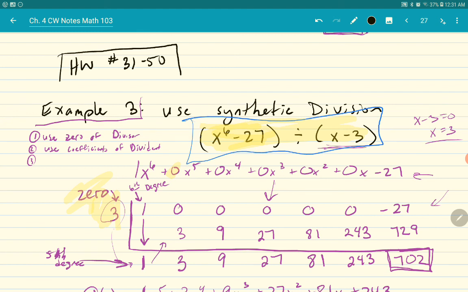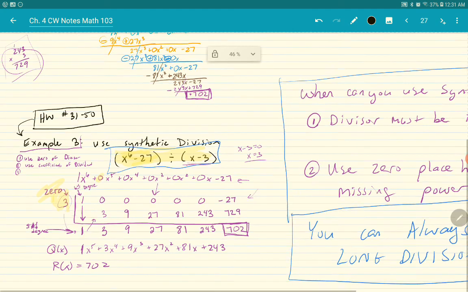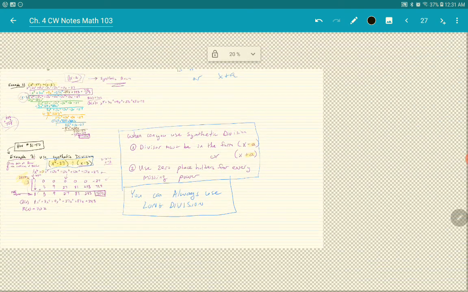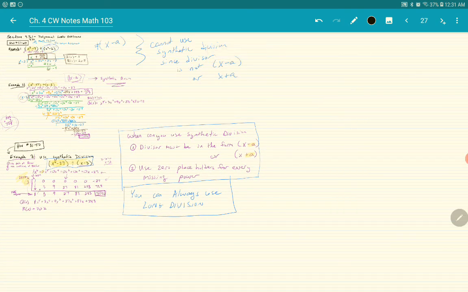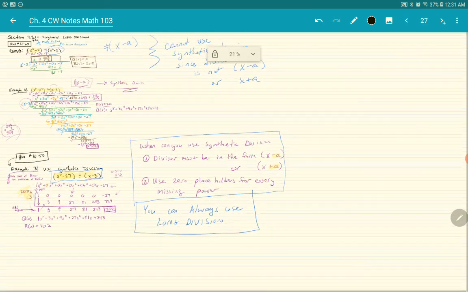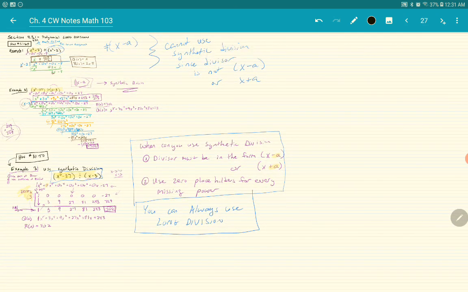So example 3 is good for 31 through 50. And then for 51 through 60, you can decide if you want to use synthetic or long division. And you'll have to decide if it qualifies for synthetic if you want to use synthetic. And if it doesn't, you'll have to use long division. All right, so that wraps up the how to divide even when you have a remainder section.